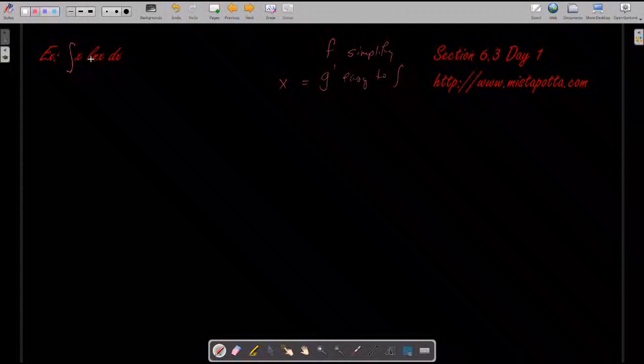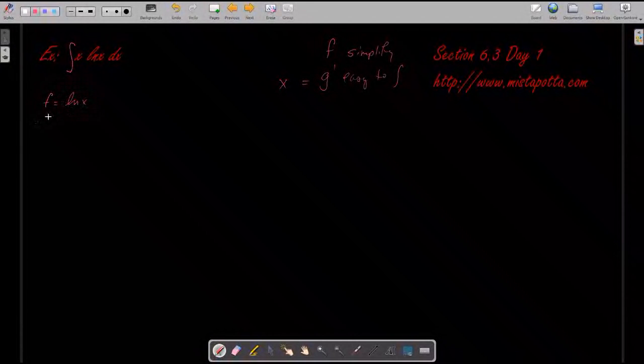So the idea is that f is something that simplifies, it's natural log of x, and dg, this is really g prime dx, which is going to be the x dx that I've got here.